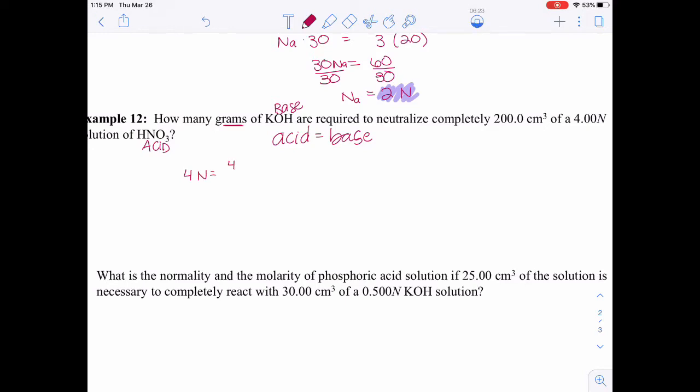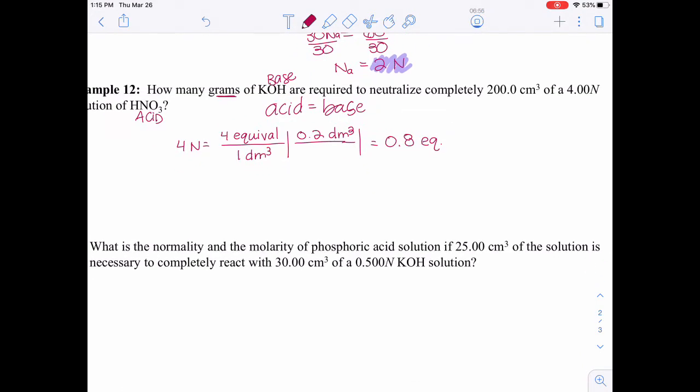That means 4 equivalents in 1 cubic decimeter. In this case, I have 0.2 cubic decimeters. And so that is 0.8 equivalents. And if I have that number of equivalents of my acid, I have the same in my base.